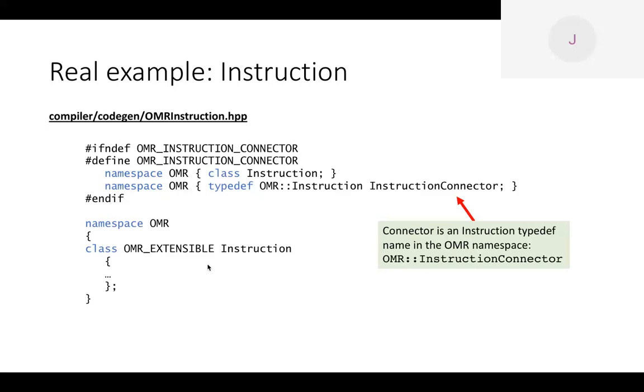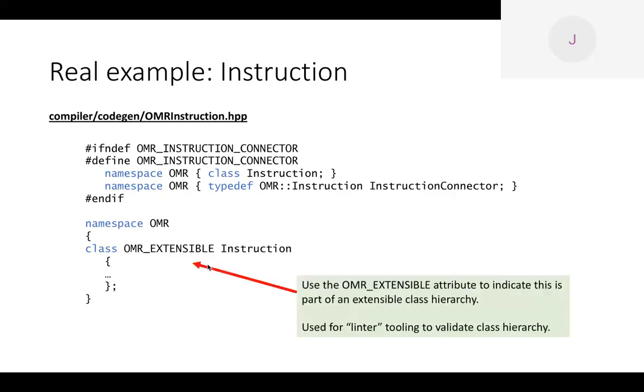Anything that wants to extend the OMR instruction will always just look for the instruction connector. It's going to look for that one name. I don't care that it's in x86 or in Power. It doesn't matter. I'm just going to look for that one name. So the connector is an instruction typedef name in the OMR namespace.